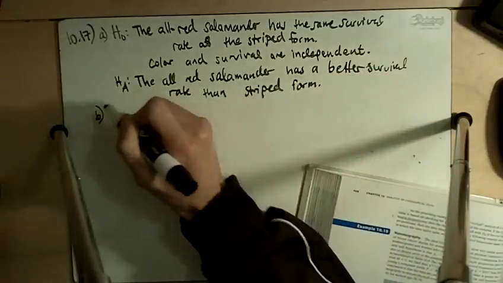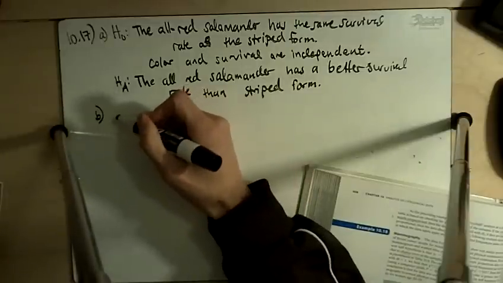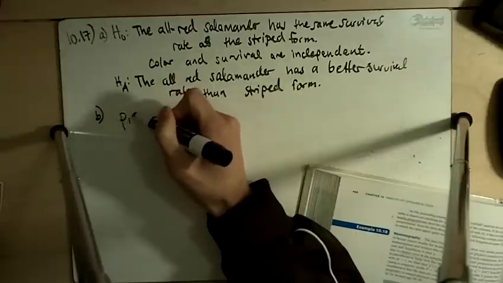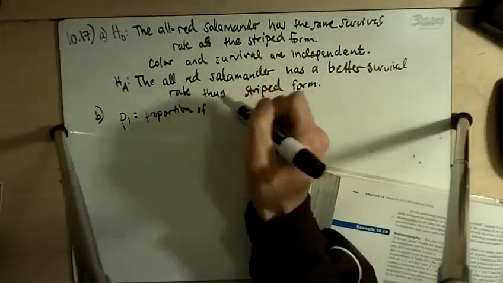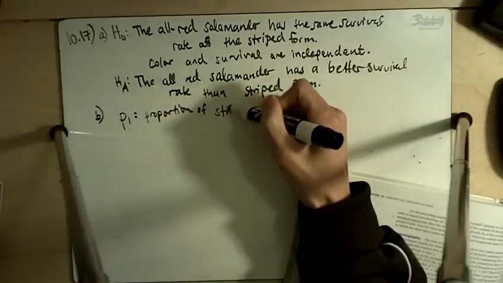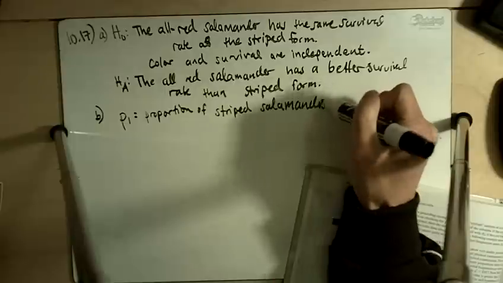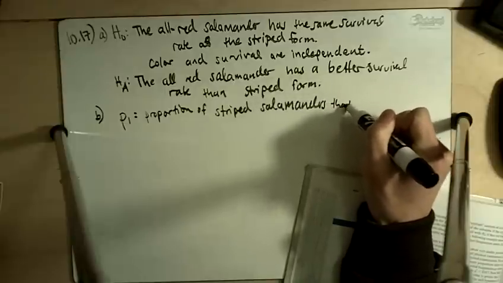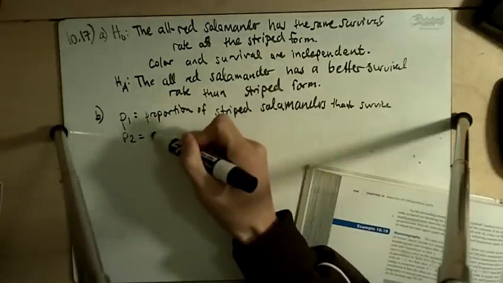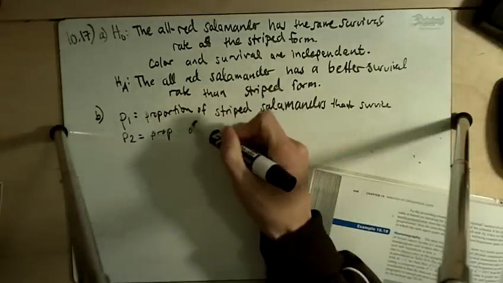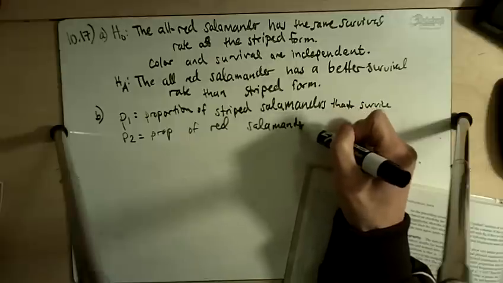Part B says state the null hypothesis in symbols. So here I'm going to say P1 is the proportion of striped salamanders that survive, and P2 will be the proportion of red salamanders that survive.